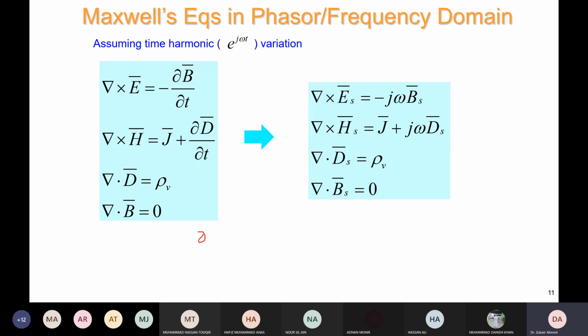What will partial over partial t in time domain become in frequency domain? We are assuming this time harmonic or exponential jωt variation. 2 pi f. Differentiation in time domain is equal to multiplication in the phasor domain.